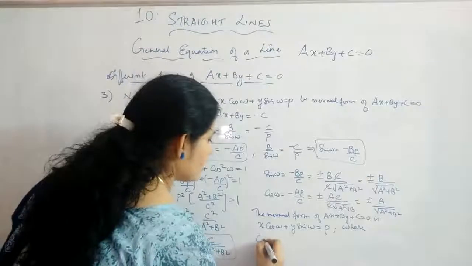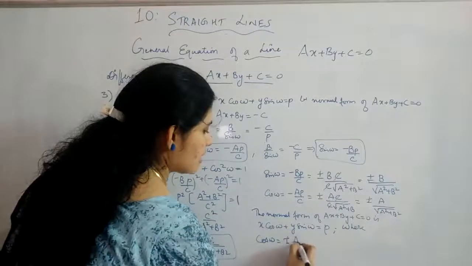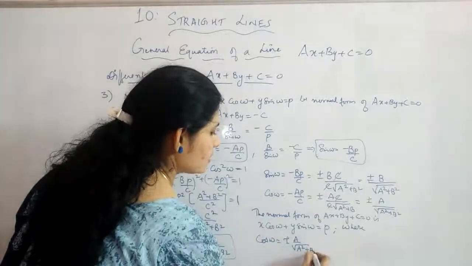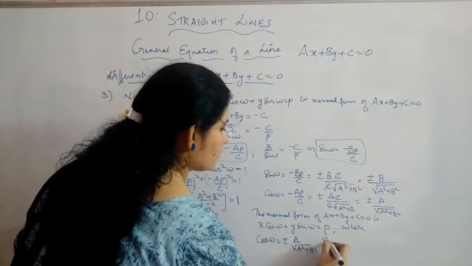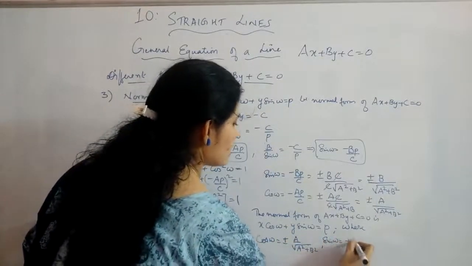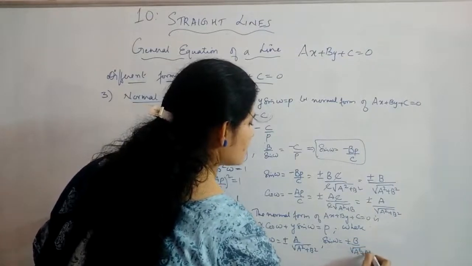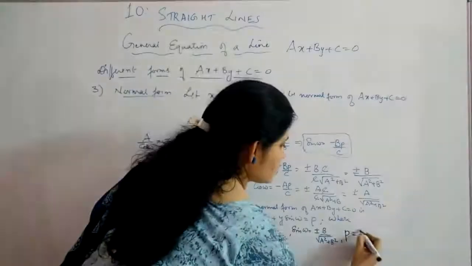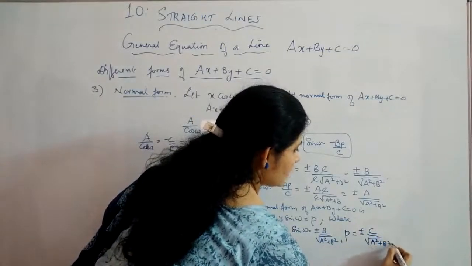Where cos omega is equal to, what you have got? Plus or minus a by root of a square plus b square. Sin omega is equal to plus or minus b by root of a square plus b square, and p is equal to plus or minus c by root of a square plus b square.